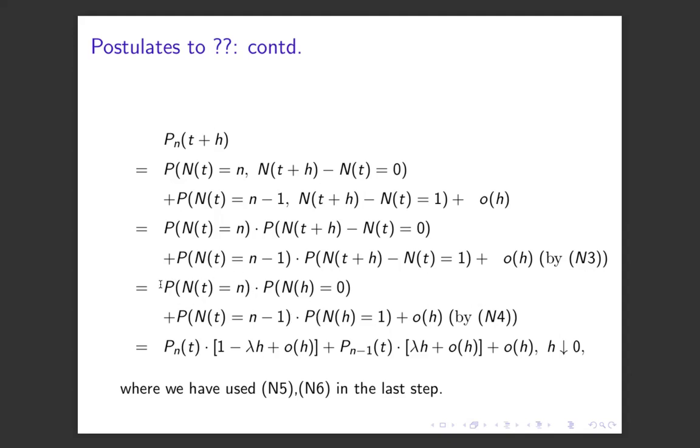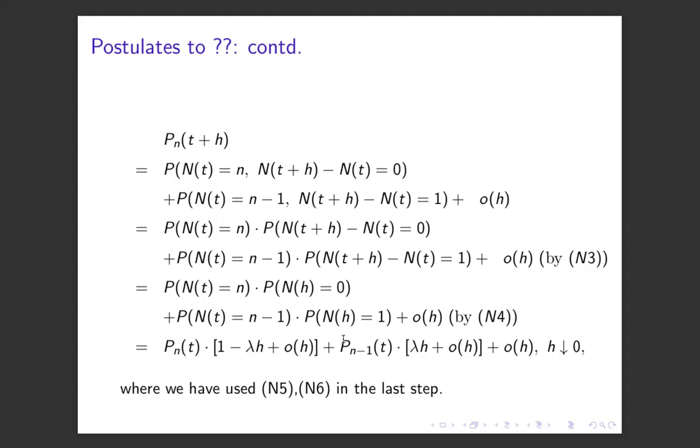So now this term here is precisely P sub n of t. And the probability N(h) equal to 0, by your N5 and N6, is going to be 1 minus probability N(h) equal to 1 minus probability N(h) greater than or equal to 2. Then you use N4, N5 and N6, and that is equal to 1 minus lambda times h, by N6. Probability N(h) equal to 1 is lambda times h plus small o of h.